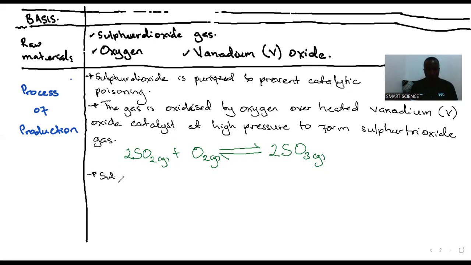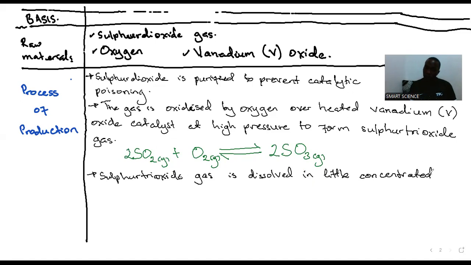The sulfur trioxide produced, sulfur trioxide gas, is dissolved in little concentrated sulfuric acid to form an oleum.